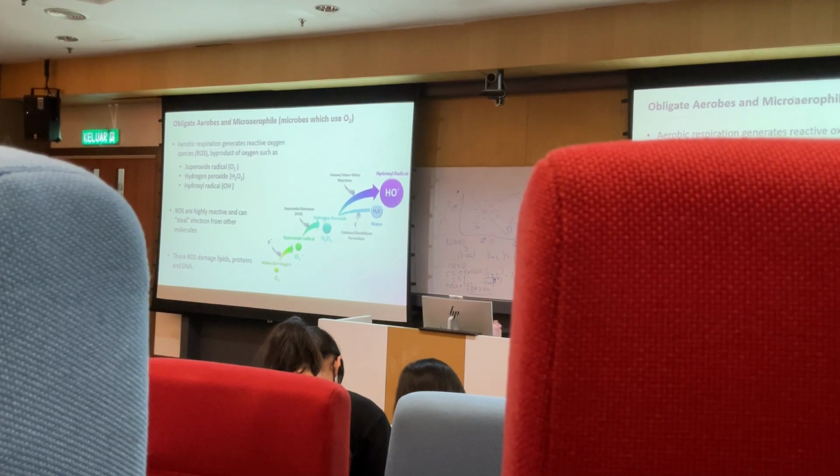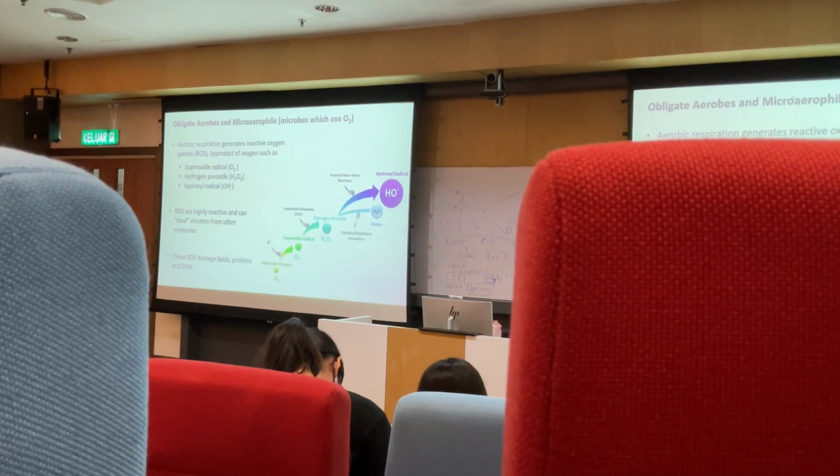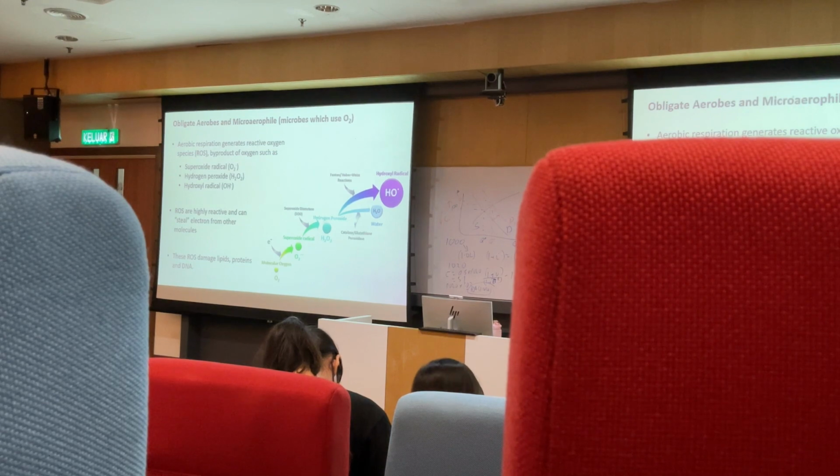The same thing applies to bacteria. When they utilize the oxygen, they also generate this kind of reactive oxygen species. One common property of ROS is that they are very reactive. They can steal electrons from whatever is around them. So when you have these reactive radicals around the tissue, they steal electrons from the cells of the tissue, and in that way they damage the tissues.